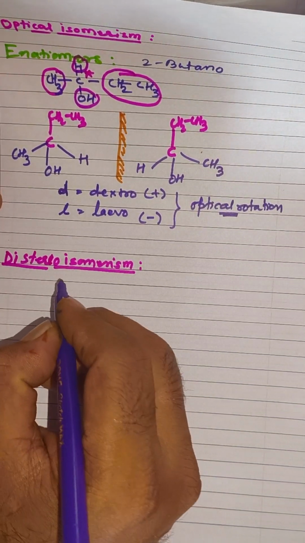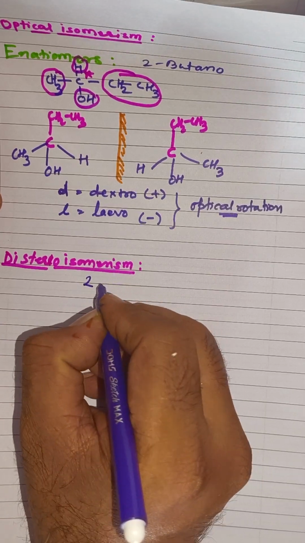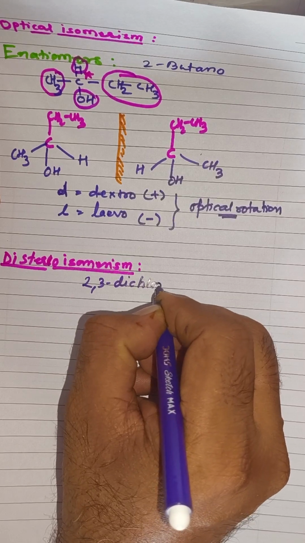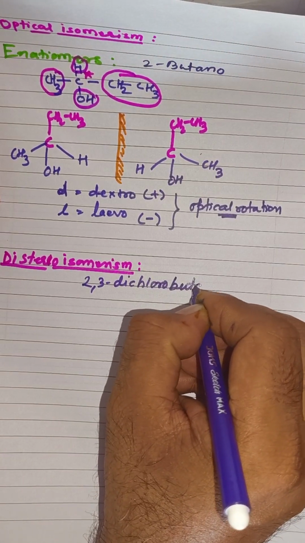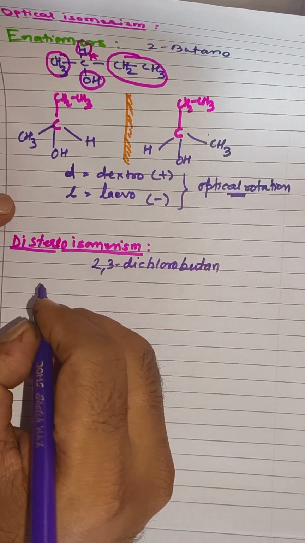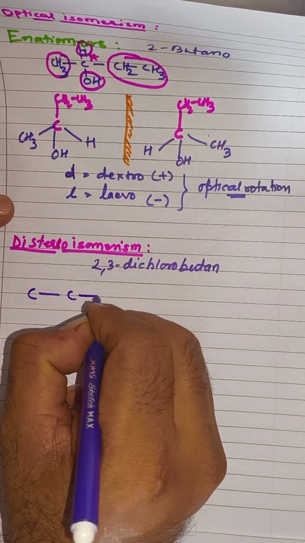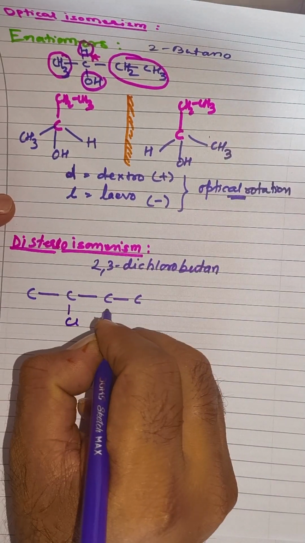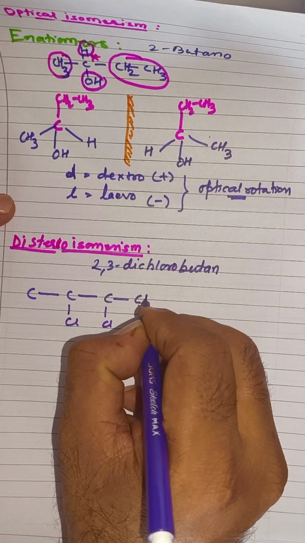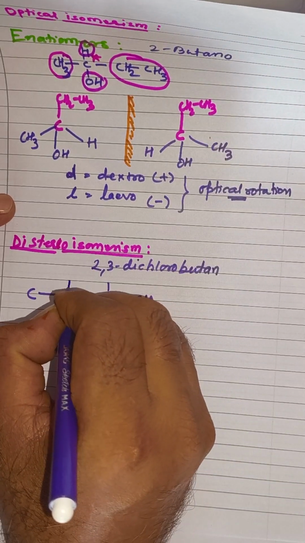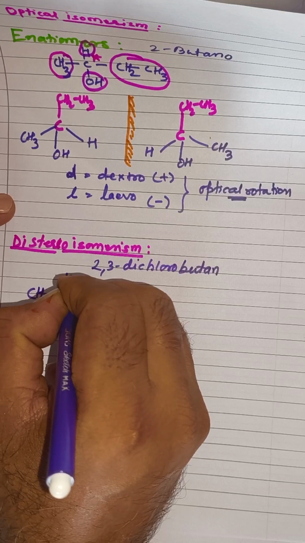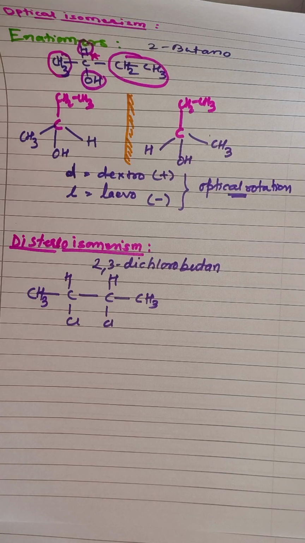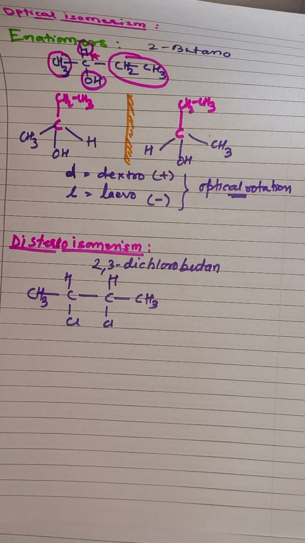We will take an example of a diastereoisomer, 2,3-dichlorobutane. First of all, we'll write the structure of this one. It is butane, and here at 2 comma 3 is Cl, here is again Cl, and the rest of the groups are as it is. So this is 2,3-dichlorobutane.